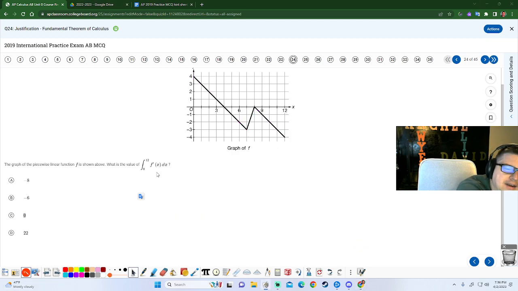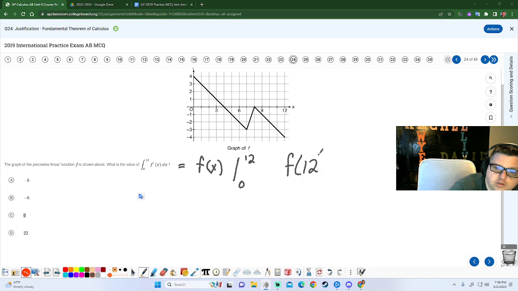All right, so when we integrate something, so rules of integration, think about this: if we were to integrate this function, f prime, we would get back to the function f, and we're integrating it from 0 to 12. So what we would normally do is plug in 12 and subtract 0, and that would give us our solution.